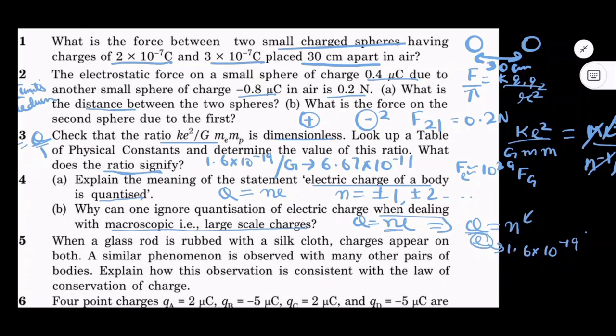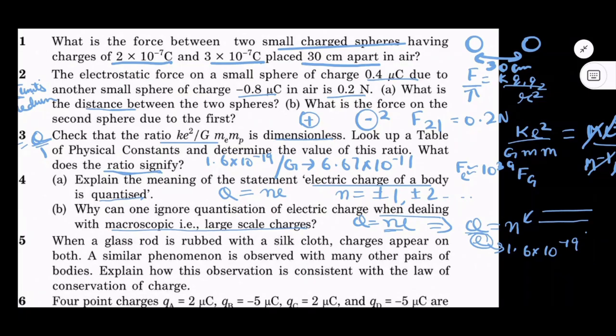But what does it mean physically? You can understand in a very simple way. Suppose you have a water pipe. When water is flowing from the pipe, it is flowing continuously in large amount, and we can't see a single water droplet. We have to see the whole amount of water passing through the pipe. But as we close the tap, the amount of water decreases.